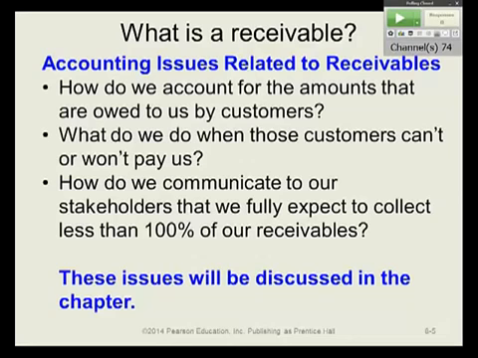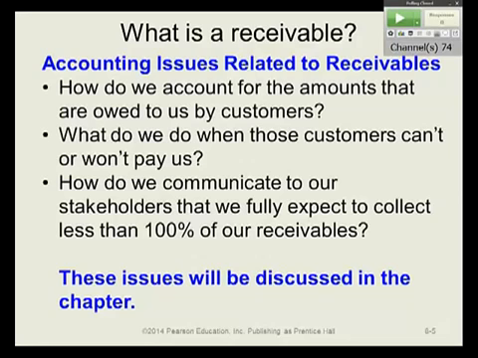So the question is, what's the proper valuation of the receivable, and what is the expense that we incur? And this is the cost of selling on credit. And these are the two primary concerns we have. How do you properly value the receivable, and how do you measure that bad debt expense?